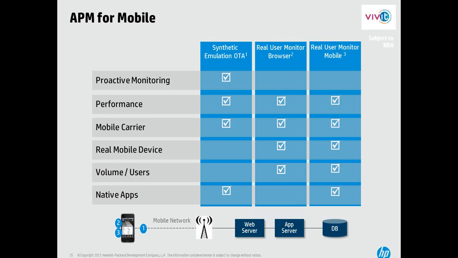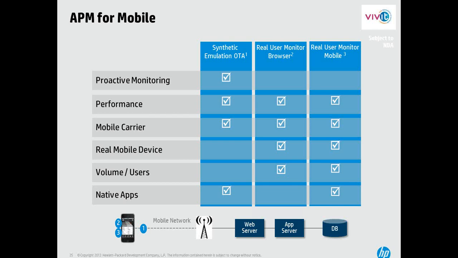We can understand performance of the application using synthetic monitors or robots. And we can even identify the mobile carrier who has got an issue currently to deliver the service effectively. And we can do this both for native apps as well as browser-based solutions.